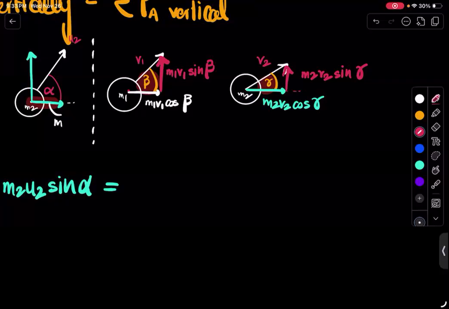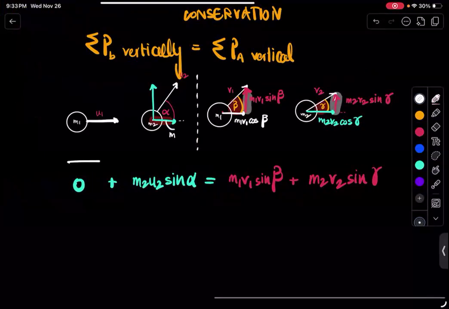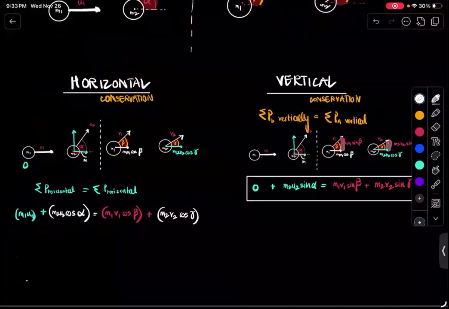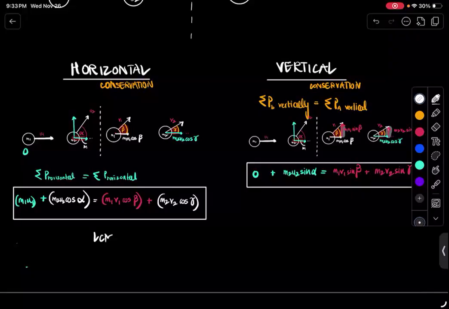So the total vertical momentum after collision is M1V1 sine beta plus M2V2 sine gamma. And here it is: the law of conservation of momentum written in vertical components. So these two statements are saying this is the law of conservation of momentum horizontally, and this would be the law of conservation of momentum vertically.